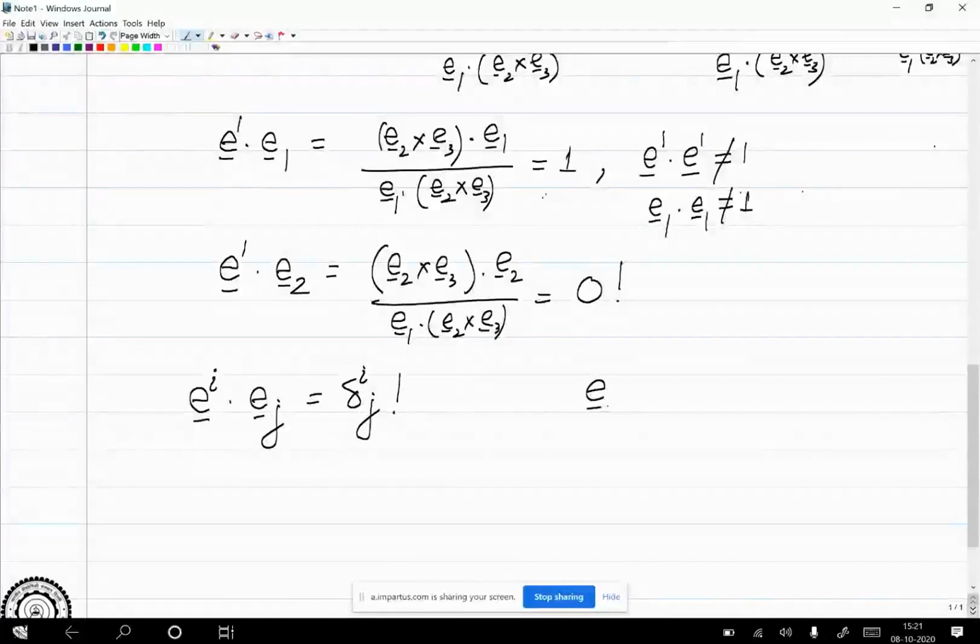So you can't say that E sub i dot E sub j is equal to delta ij. It is equal to delta ij only when E1, E2, E3 are unit normed and perpendicular to each other. But that is not always the case. But with dual bases in hand, you can always write this formula.